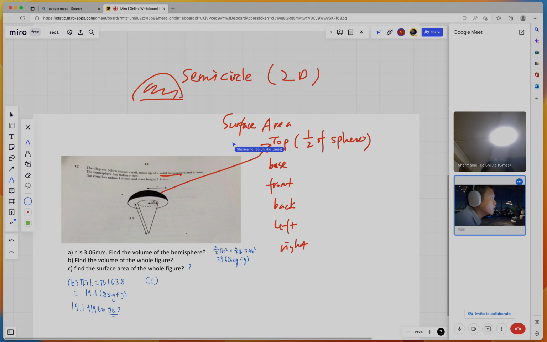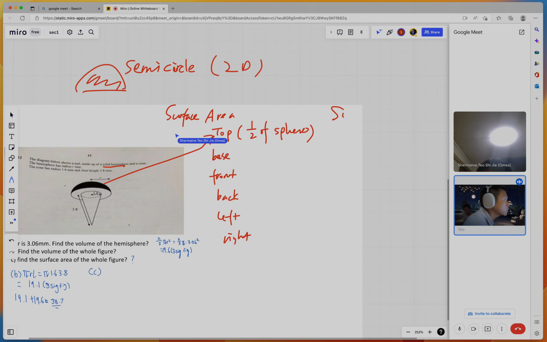So how do you find the surface area of a sphere? First, then you divide by 2. So how do you find the surface area? Surface area of a sphere. What's the formula? Do you have the formula in hand?